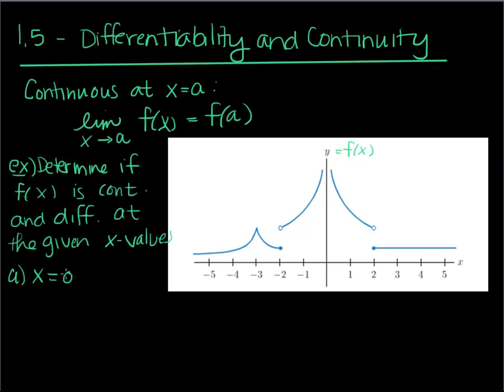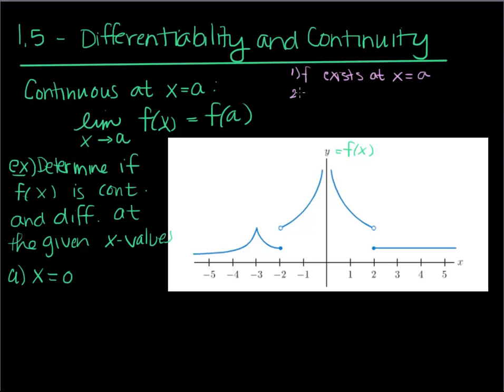Okay, so if I'm looking at x equals 0, again, what do we need to have here? 3 things that we need to consider for continuity. First off, the limit has to equal the function at that point. So that implies a couple of things. f exists at x equals a.